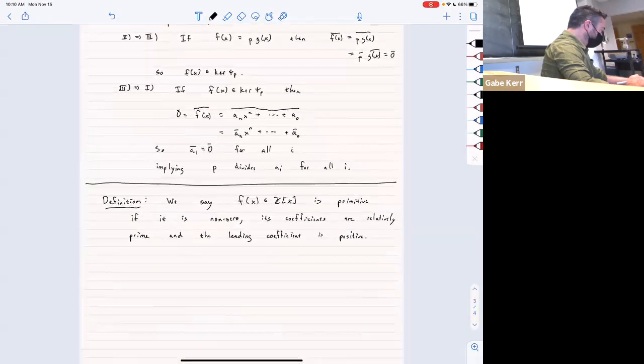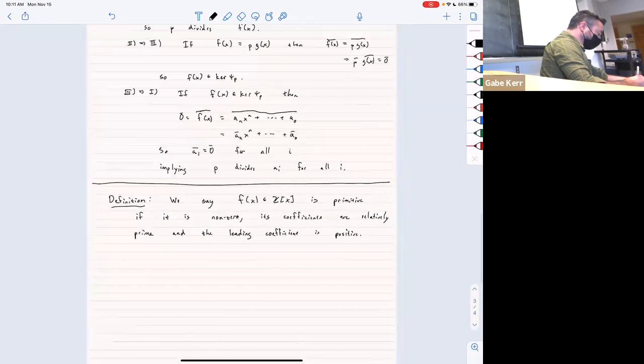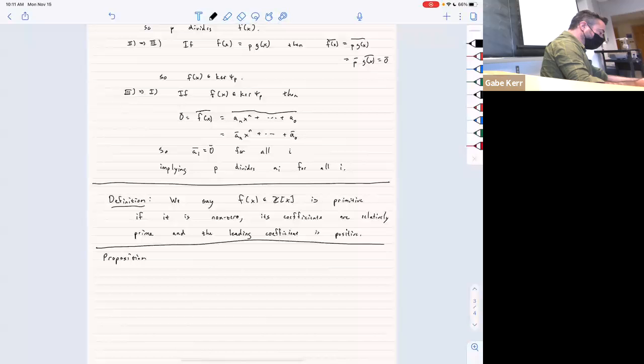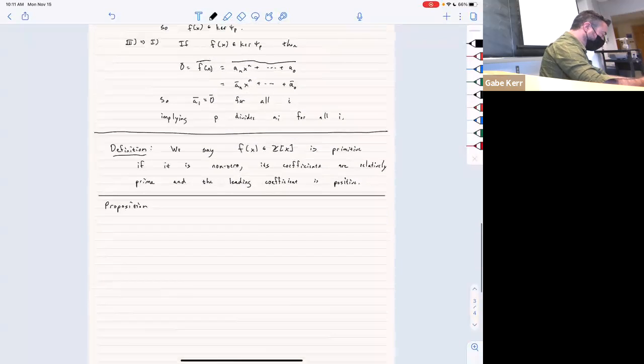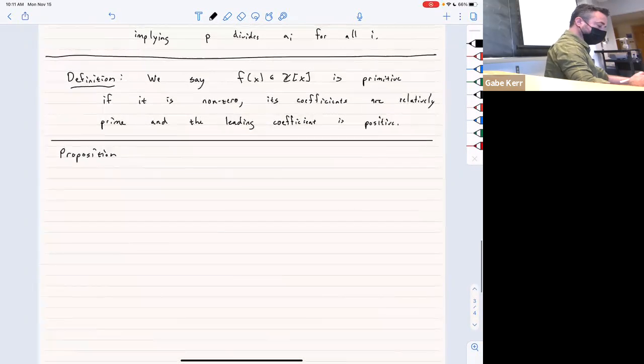I want to at least prove Gauss's lemma before we finish, which is sort of a key proposition. Sorry. Let me move on. I don't really care about that lemma very much. 12.3.4.